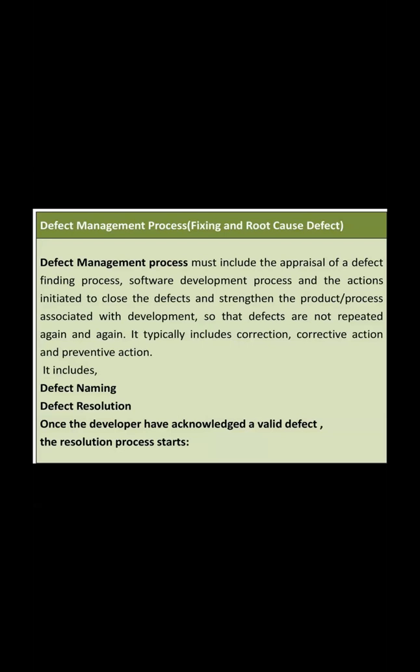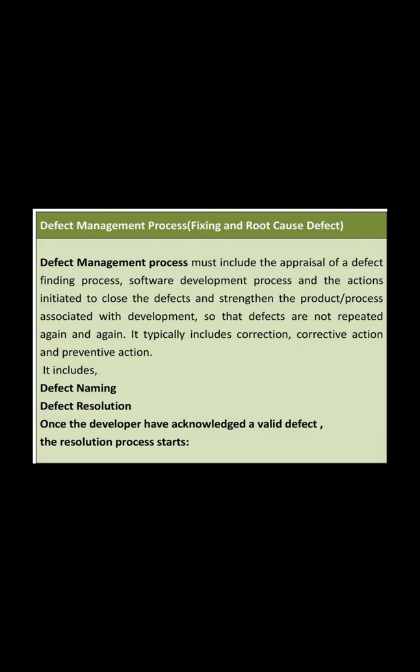So the defect management process, we also call it fixing the root cause of the defect. Once you find the defect, you need to fix it. How can we fix it? Fixing must include an appraisal of your defect finding process. Once you find the defect, an appraisal form should be filled, and the software development process and the actions initiated to close the defects should strengthen the product process so that defects are not repeated again and again.